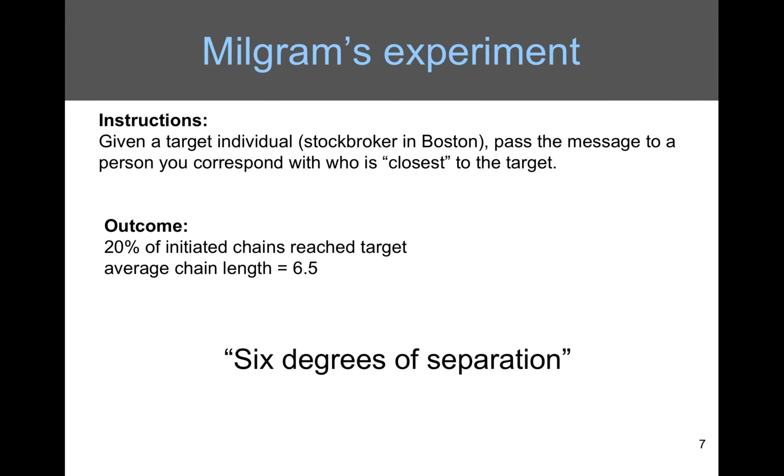This slide basically summarizes what we just discussed. Given a target individual, you pass the message to someone you correspond with, who you think is closest to the target. As you can see from the slide, only 20% of these chains really reach their final destination, and of those that do, the average was 6.5.